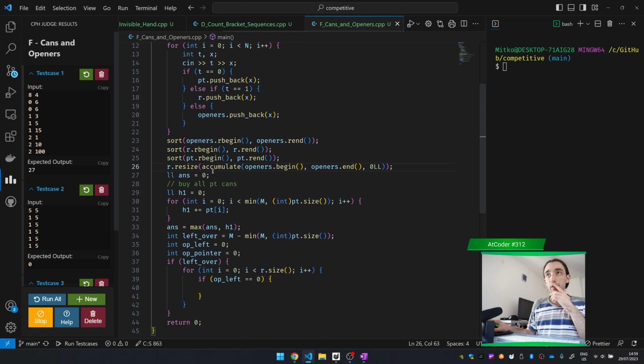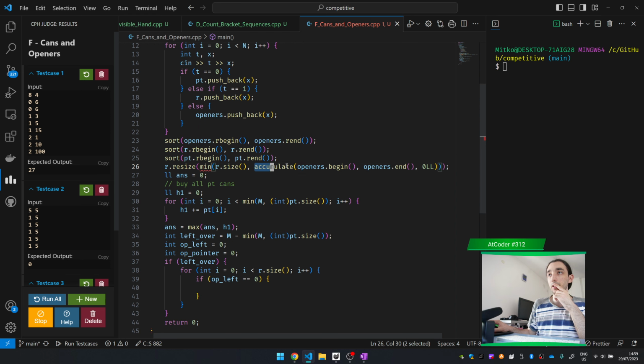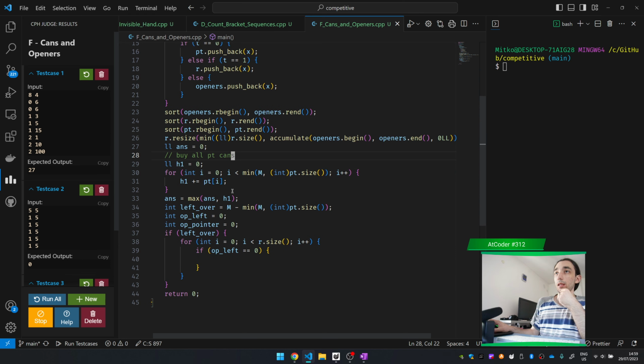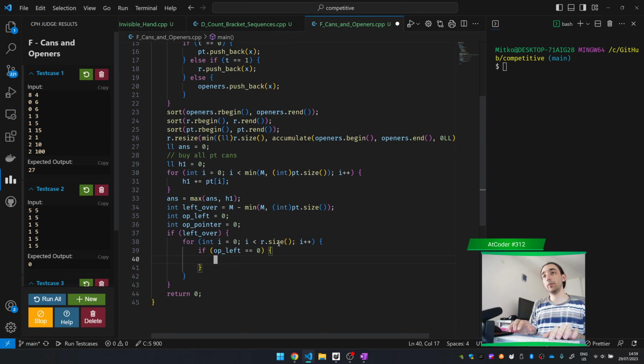So I can resize to the minimum of r.size and this. So this will say, okay, I will sum up how many of the openers are, and then resize them at most this. Wait, this is LL, and yeah, so that should be cool.